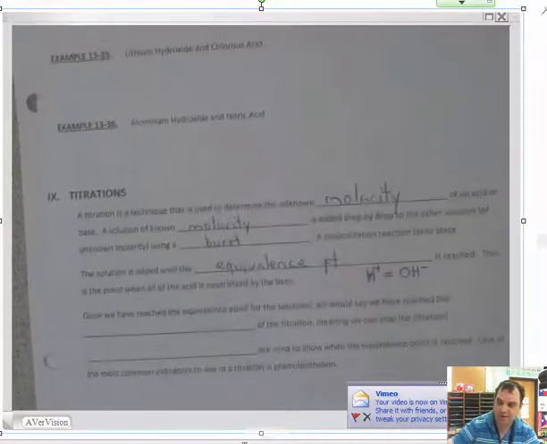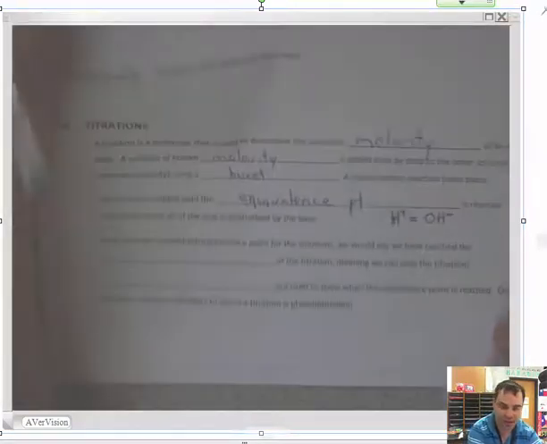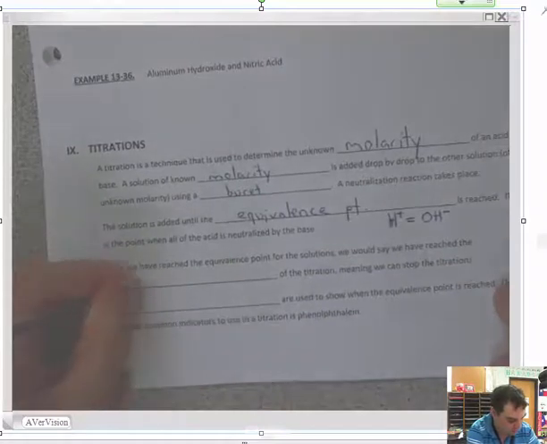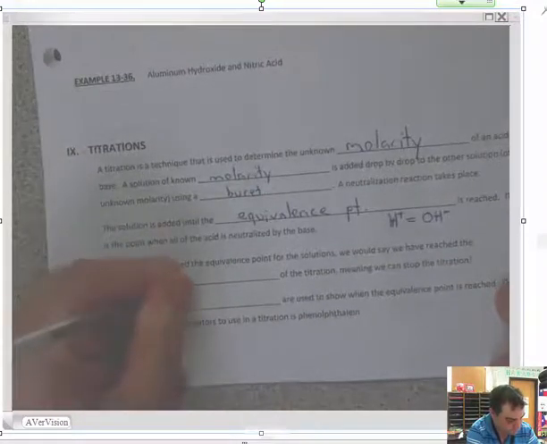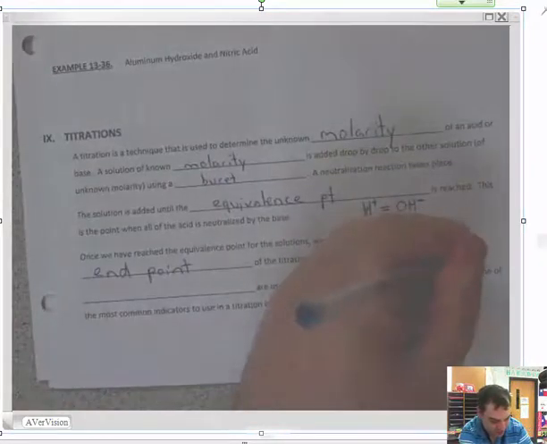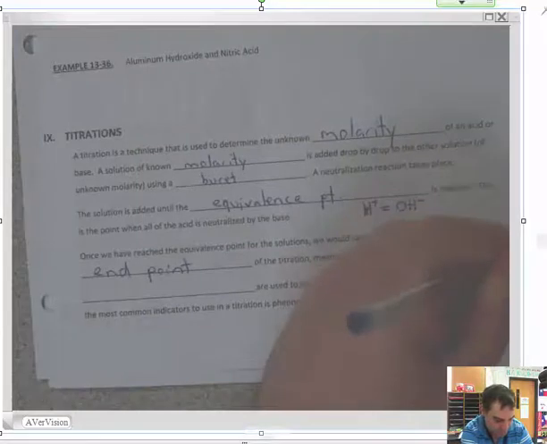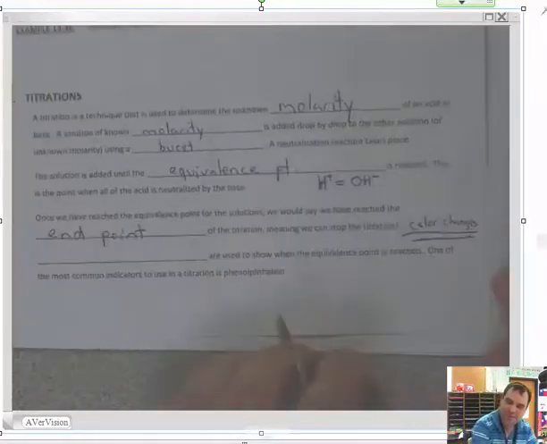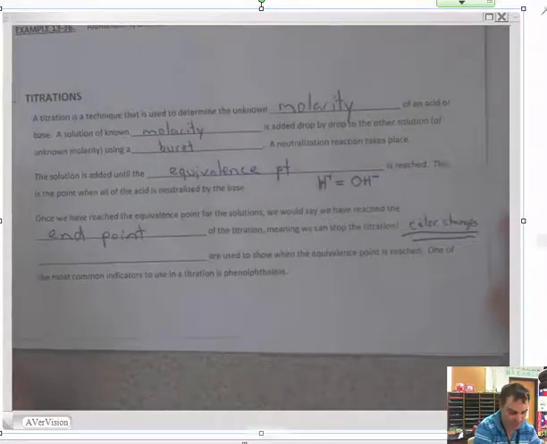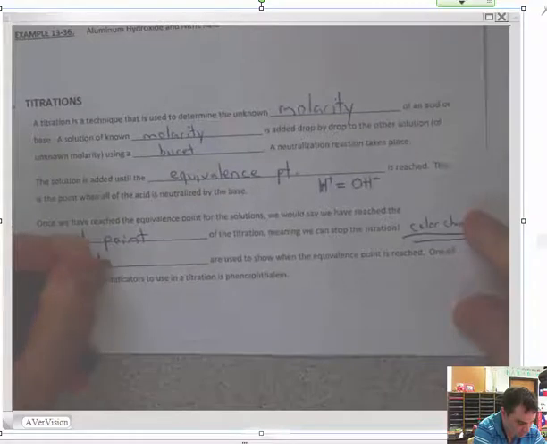Do not get this confused with the endpoint of the titration. They are not exactly the same thing. This is when the color changes. It's actually over the equivalence point by a little bit. Okay?